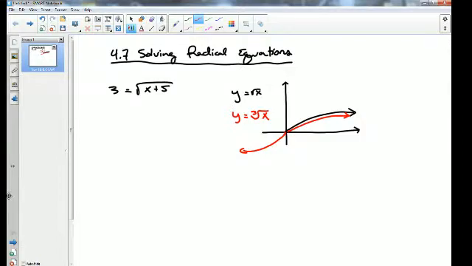So basically what you're doing here is finding where this cubic or square root function equals 3. So where does this black line equal 3? So you're finding this x value, right? Pretty straightforward.